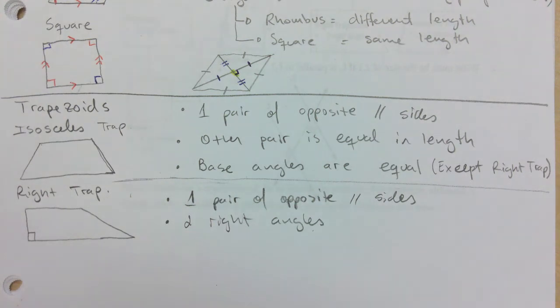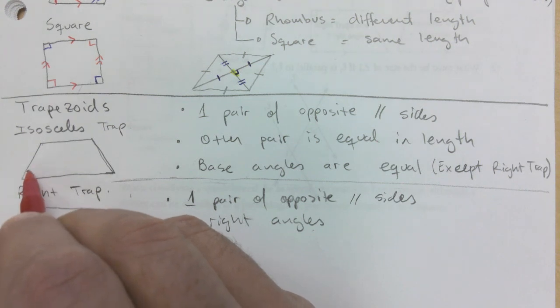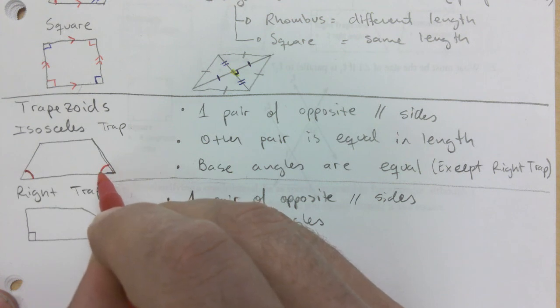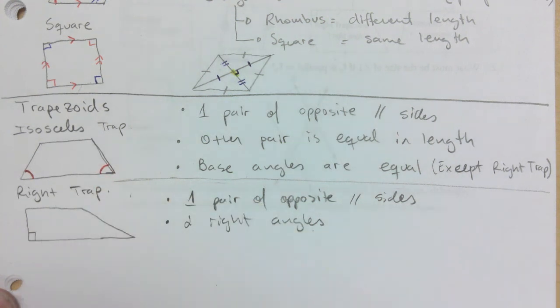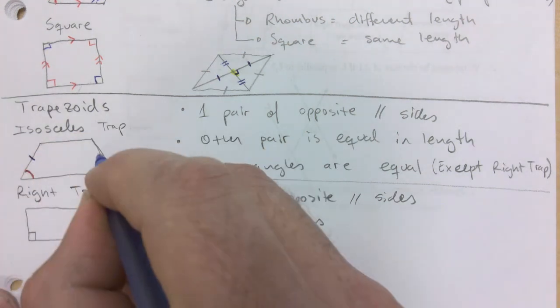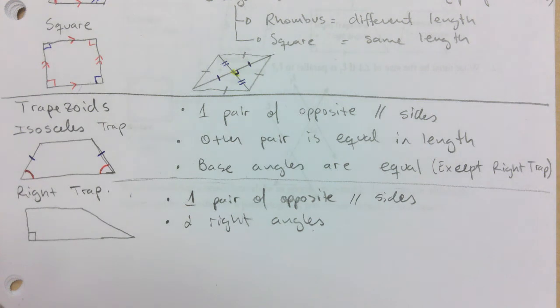So in terms of my markings, I'm going to just use this one. This angle is going to be equal to this angle over here. So base angles are equal. And this side is the same as this side. That's what makes it isosceles. So it's almost like a triangle, right?